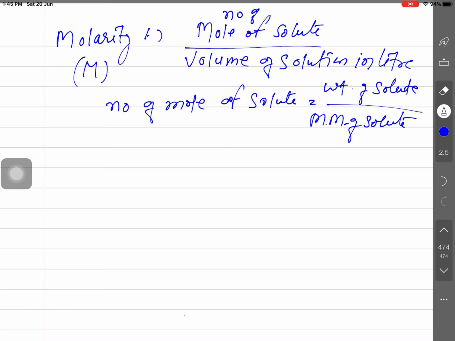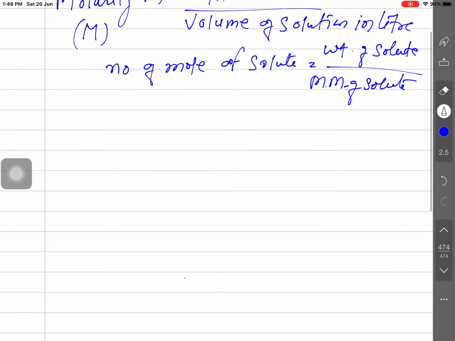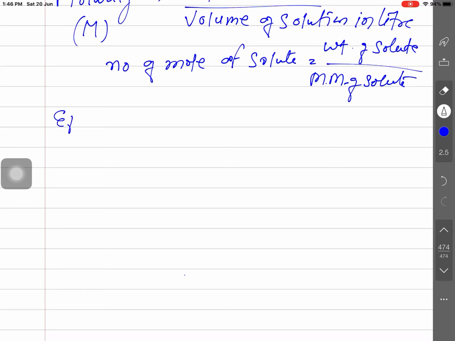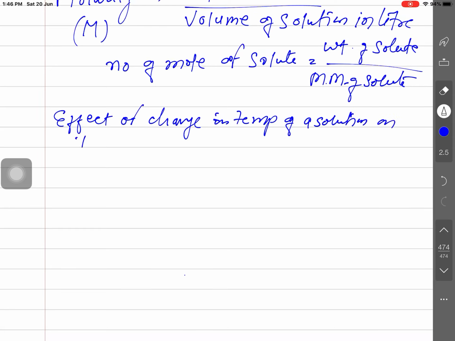What is the effect of a change in temperature of a solution on its molarity? This is very important. Effect of change in temperature of solution on its molarity.